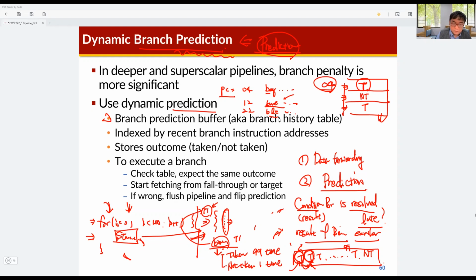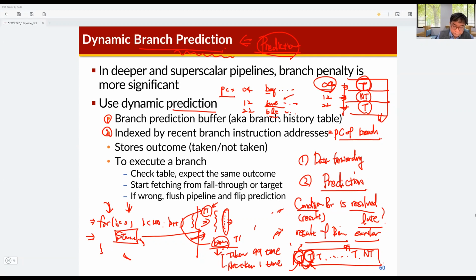And this branch prediction buffer is indexed by the branch instruction address, that is, the PC of the branch instruction. Based on the PC, like 222, the result of the branch instruction is stored.